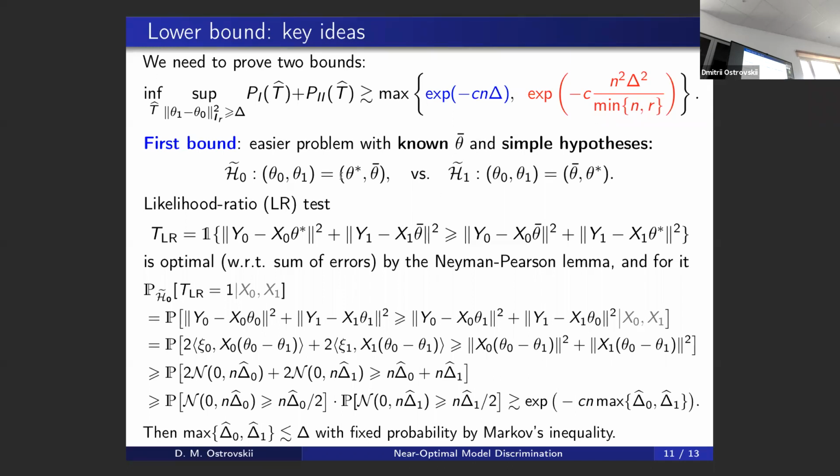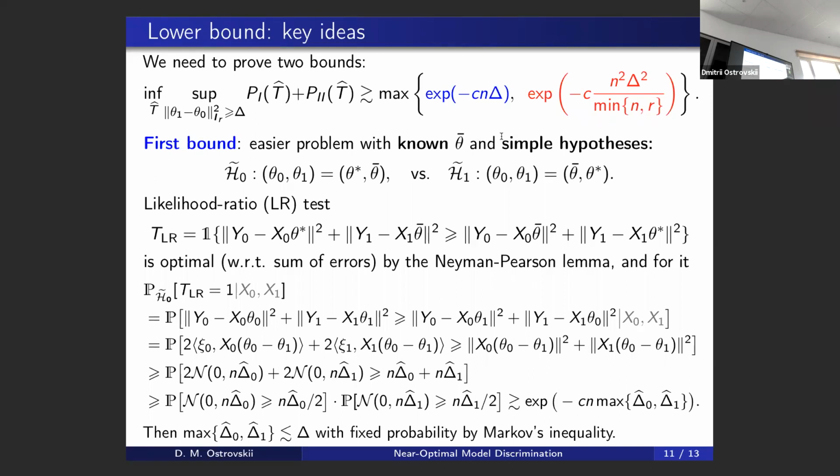So I know not only theta star, but also another model, and my two hypotheses are then simple: theta 0, theta 1 is equal to theta star, theta bar, or the other way around. Theta bar is fixed at prediction distance delta from theta star.